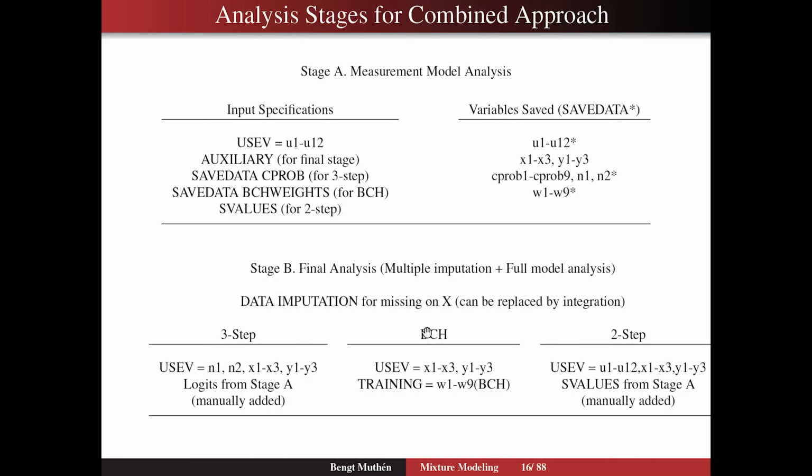So that's the most convenient approach for taking these two stages of analysis. For two-step, you have to copy over the S values from stage A and manually add them to the input for the stage B analysis, and change the asterisks to @ to fix those values, as we discussed in detail in Web Talk 8. So there you have a summary of it.